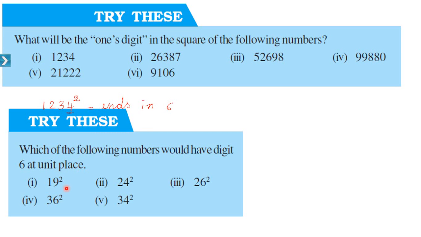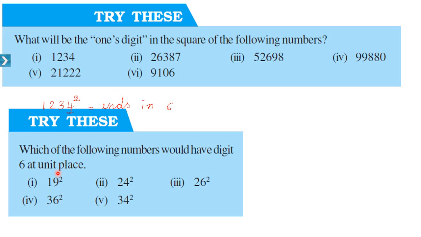See here, if the square of a number should end with 6, then the units place of the number should be 4 or 6.